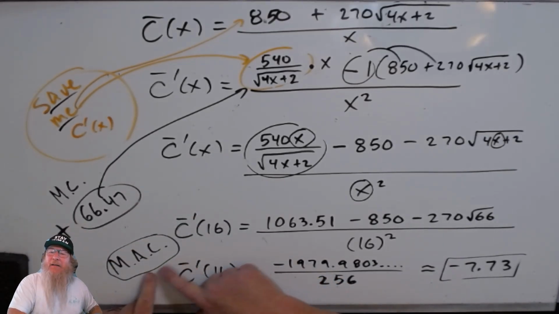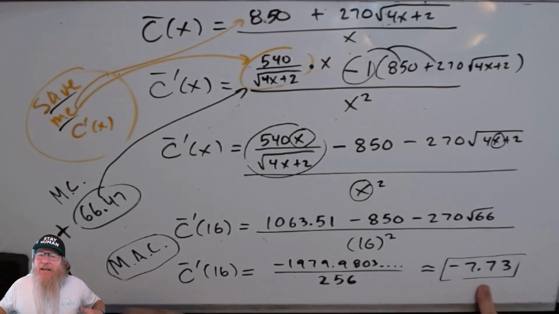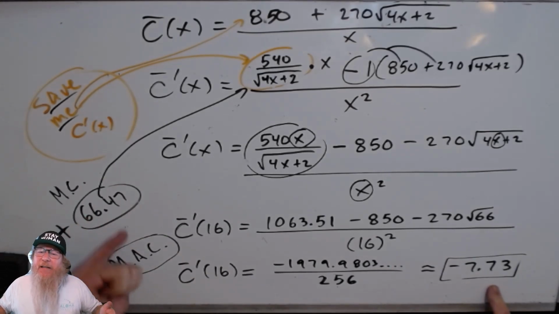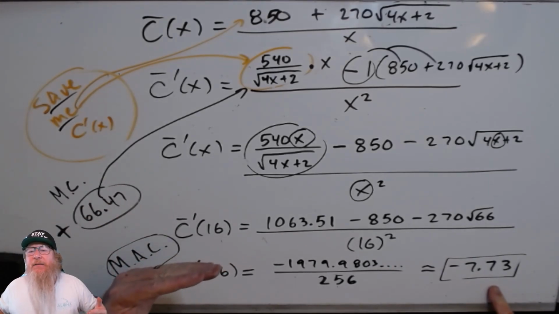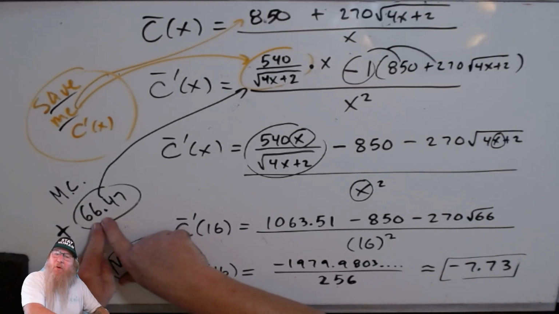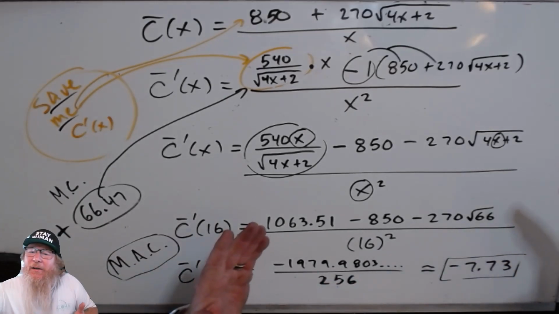The MAC, the marginal average cost, says the next brain is going to cost $7.73 less than the brain that I just made. So you can think about that. That means the brain before this brain costs $7.73 more because it's gone down.